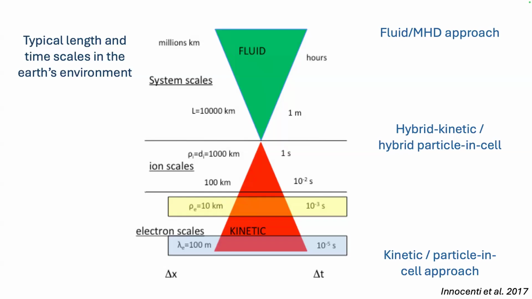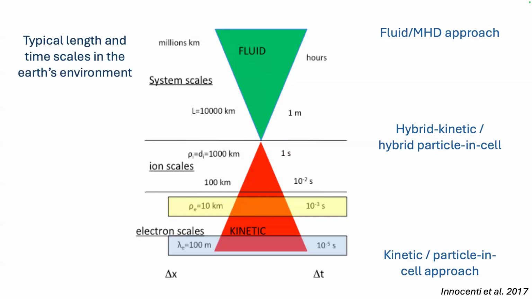But what if you're somewhere in the middle and you have these ions, so this is the ion inertial length and the ion gyration radius, the gyration time corresponding to the ions. You care about the ions and the dynamics of the ions, but you're much larger than any of these scales. That's where you can do hybrid particle-in-cell methods because it saves you a lot of time.